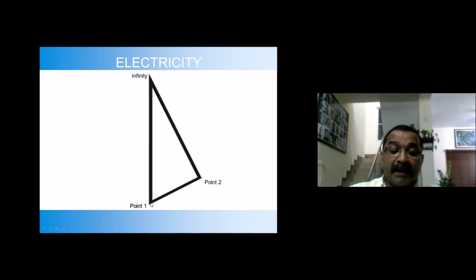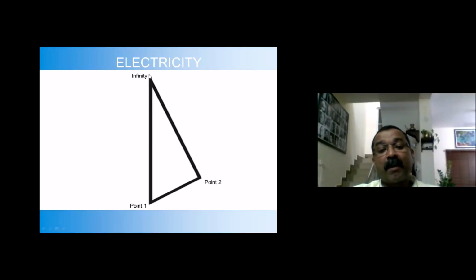So in order to find the potential difference between these two points, we have made a trick actually. We define that the potential at this point is the work done in taking a unit positive charge from this point to infinity. That is the potential of point 2, and again for point 1, it is the work done in taking a unit charge from point 1 to infinity.